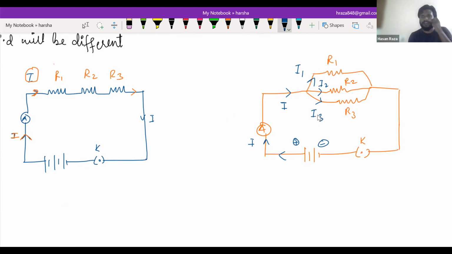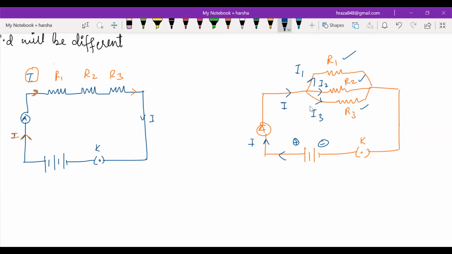Since all are wire, all are conductors, this I will be divided into three parts, and different current will flow through R1, R2, R3. This type of scenario is basically parallel resistors. Is that clear?